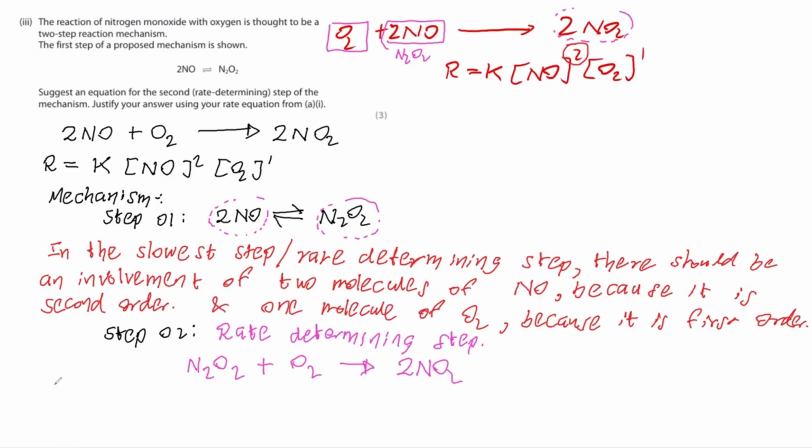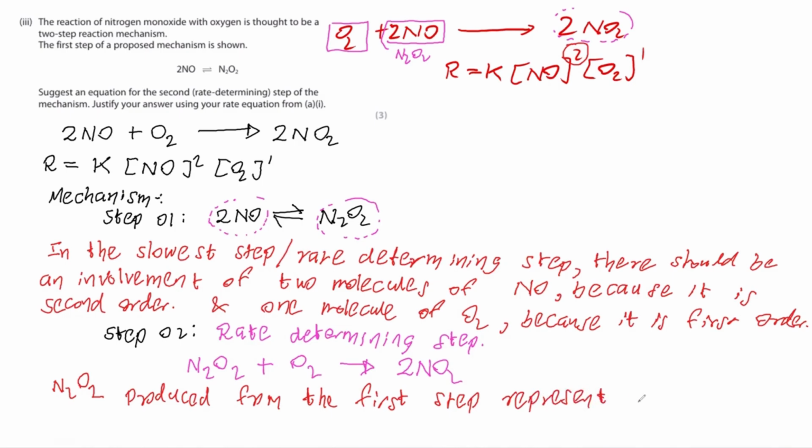I wrote that N2O2 produced from the first step represents 2 moles of NO molecules.